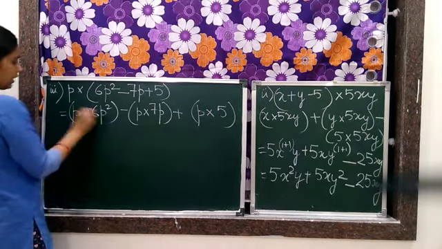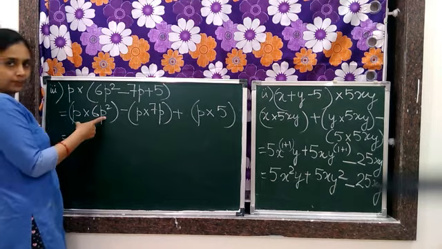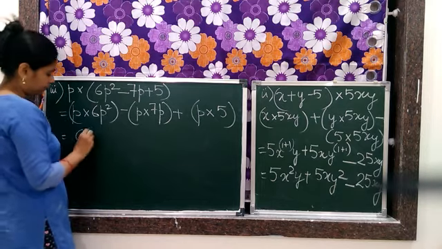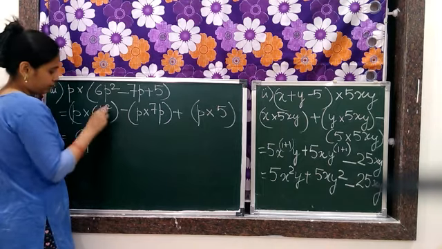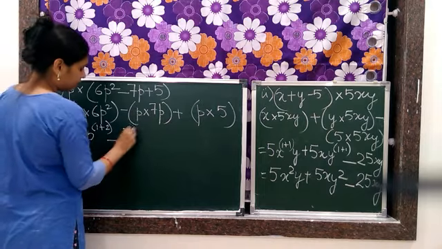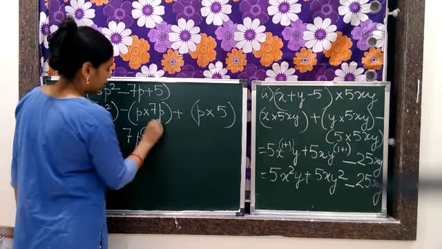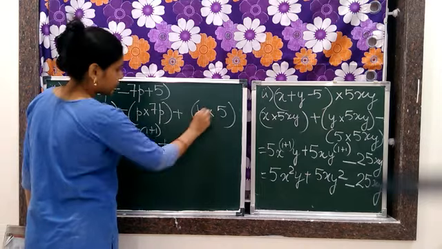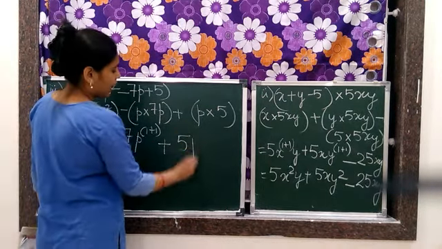Now 6 ones are 6. Powers of p will be added. Why? Because p is common. The variable p is common, so 1 plus 2. Minus 7 ones are 7. Again p is common, so powers will be added. Plus 5 into p, that is 5 ones are 5 and p.